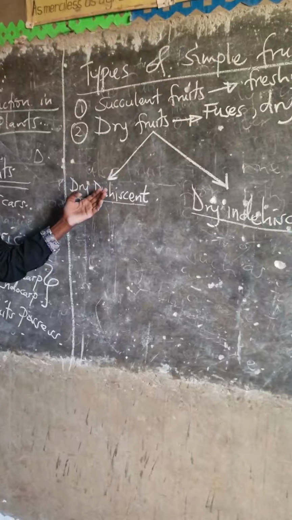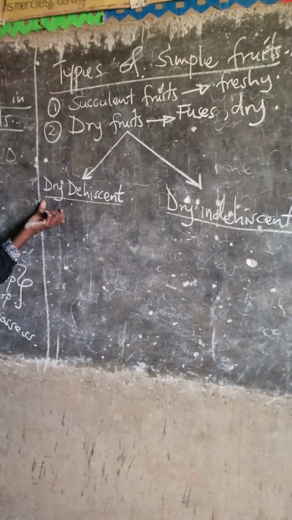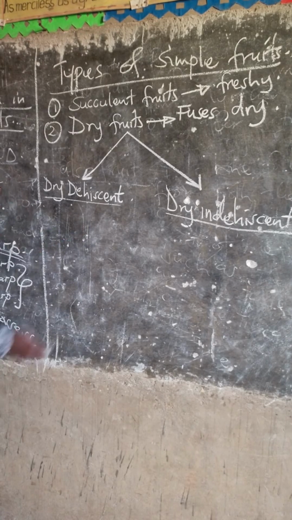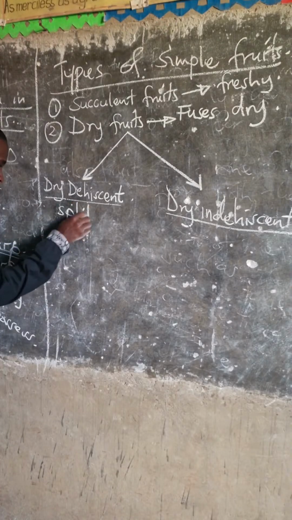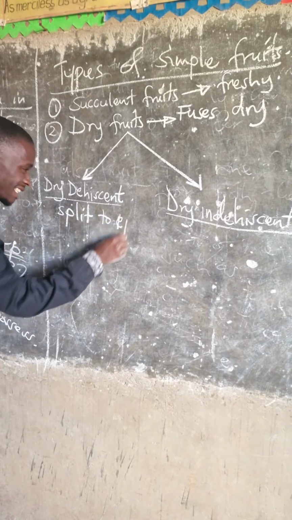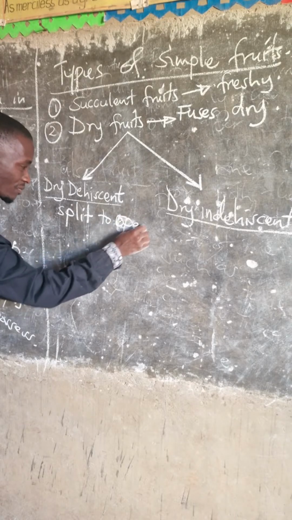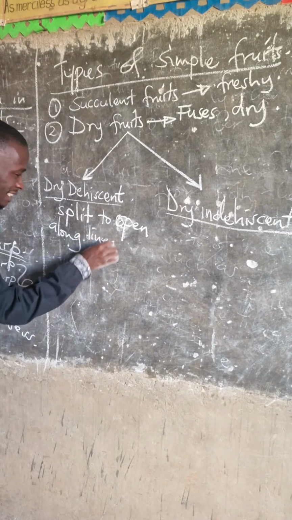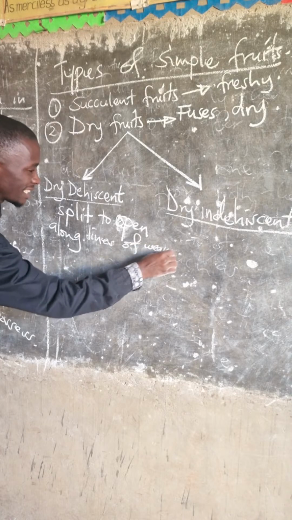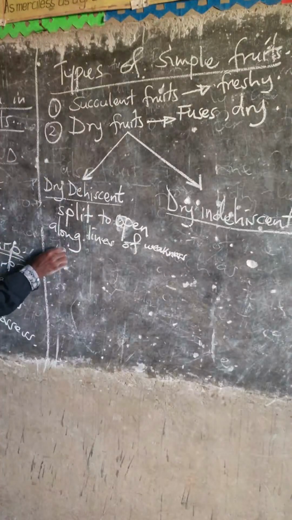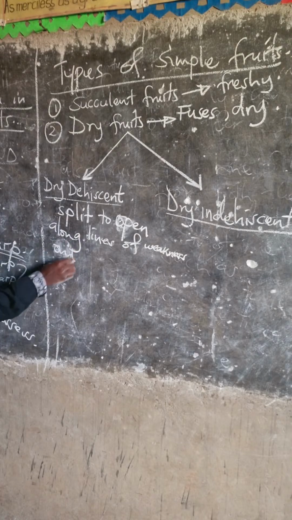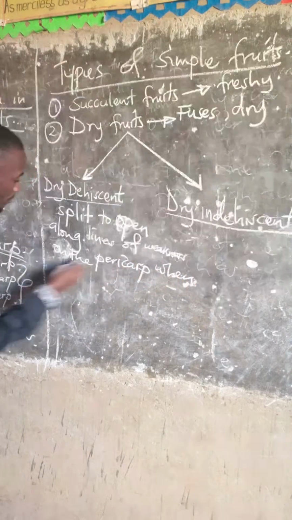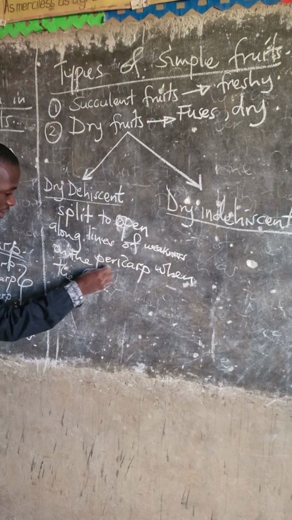So the dry dehiscent fruits are those fruits whose pericarp splits to open along lines of weakness on the pericarp when the fruit ripens.